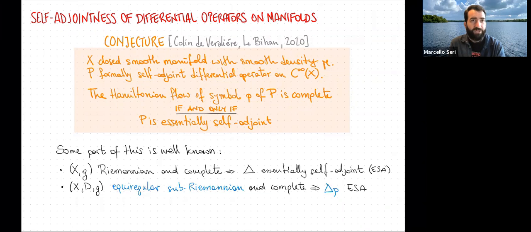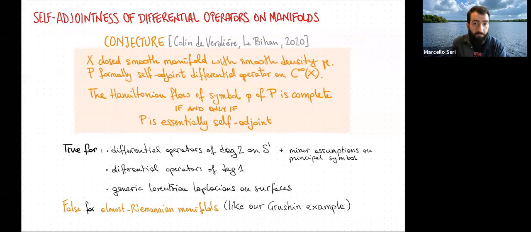So in a bit more general setting. It is false, we have seen, if you consider an almost Riemannian manifold, like Grushin. The geodesic flow is not complete, yet the Laplace-Beltrami is essentially self-adjoint. So this is a very non-trivial question. This is open, and this is not even sub-Riemannian geometry. This is open in standard differential geometry.